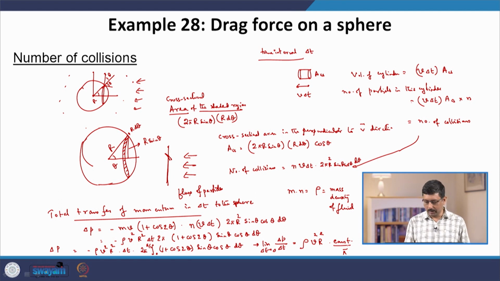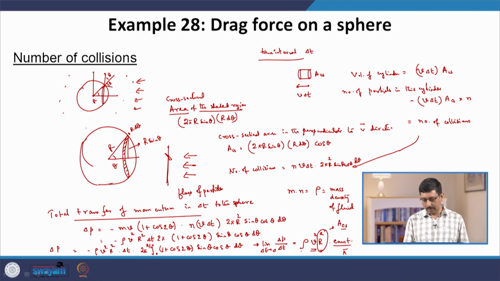But the important point is that we get this dependence on v, and we get back this v square dependence as we derived based on dimensional analysis, and we get some r square, which is some length scale squared, which represents the dimension of the cross sectional area.